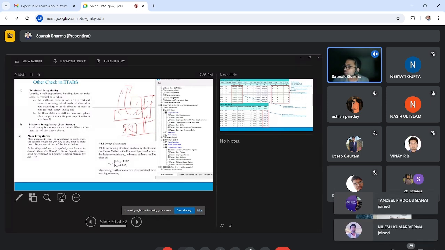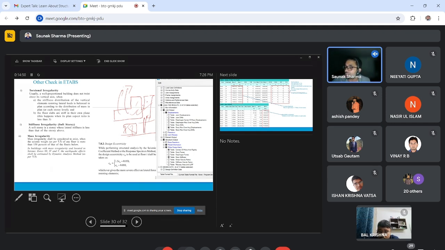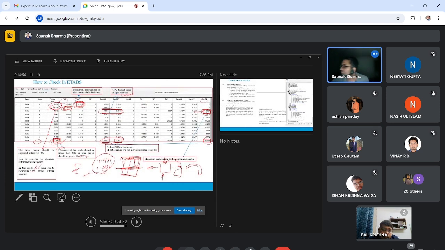Now, what are the things that need to be done in ETABS to find out whether this irregularity exists or not? One is torsional irregularity. If we see here that RZ is participating in the third mode, and in the first two modes the participation is very much less, let's say less than 5%, there will not be a torsion.